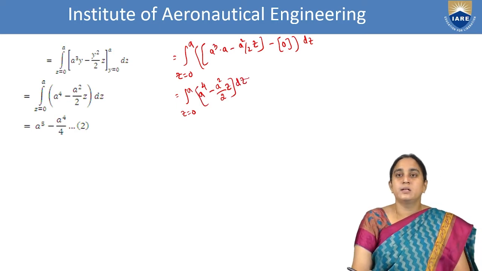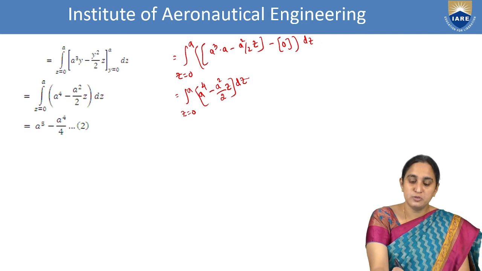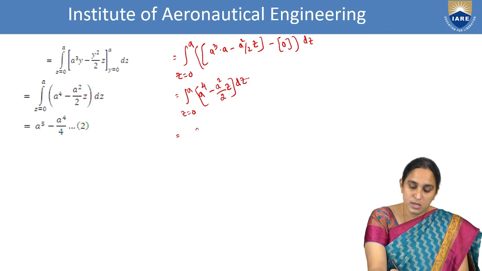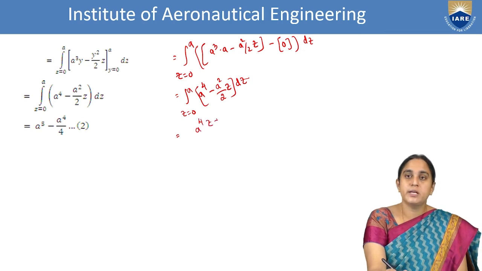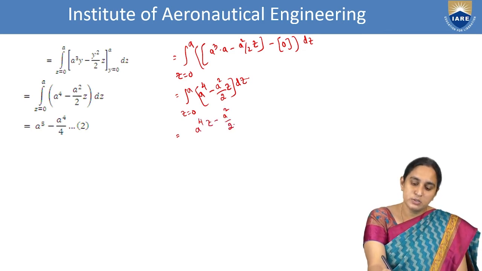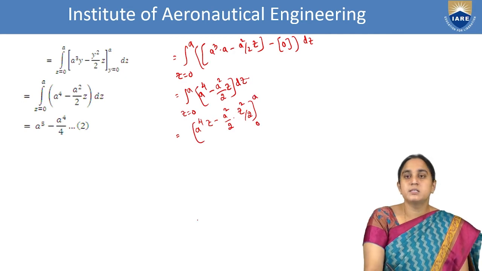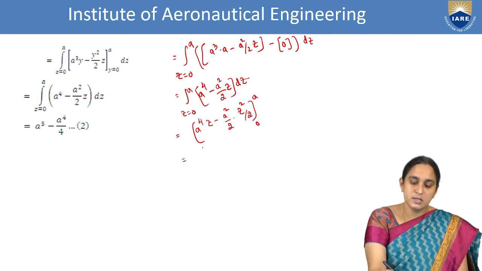Now integrate with respect to z. A power 4 into z minus a square by 2 into z square by 2. And what are the limit points for z? 0 to a. Now substitute the upper limit of z, that is a power 4 into a, minus a square by 2 into a square by 2.